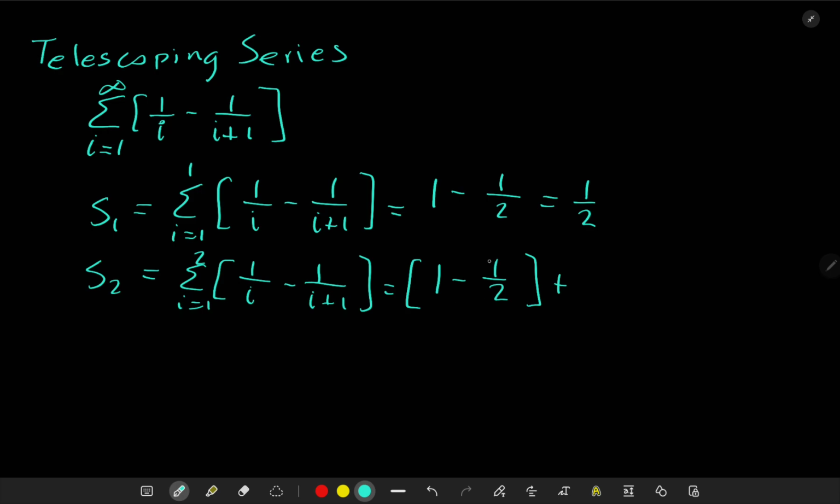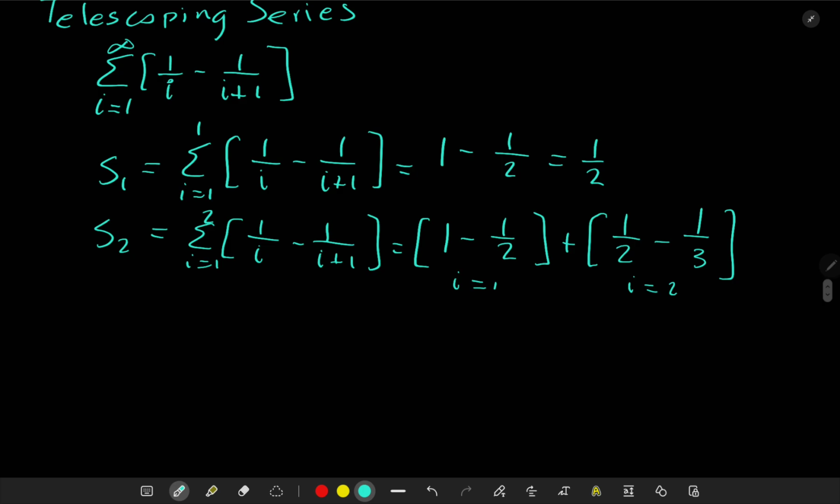Plus, for i equals 2, I'm plugging i equals 2, 1 half here, minus, I plug 2 here, 1 over 2 plus 1, 3. So this is the term i equals 1, and the term i equals 2. And now we can notice that the middle term cancels. That's why it's going to be called telescoping. And it's going to end up being 1 minus a third, which is 2/3.